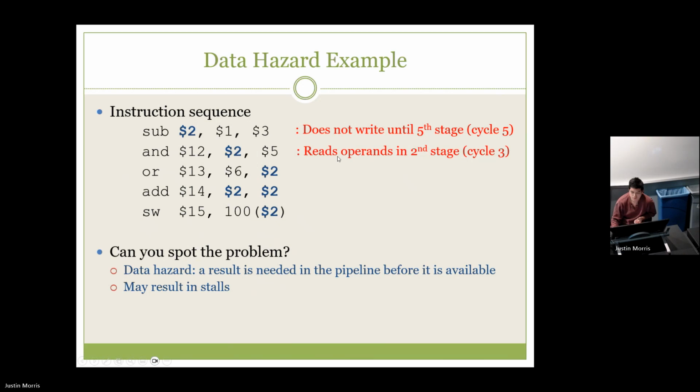So we are going to read the operands in this instruction's second stage or the third cycle. And that's when we would figure out, oh, there's an instruction ahead of me that is trying to write to the register that I'm reading from. I should stall.